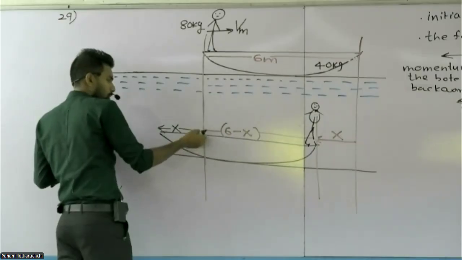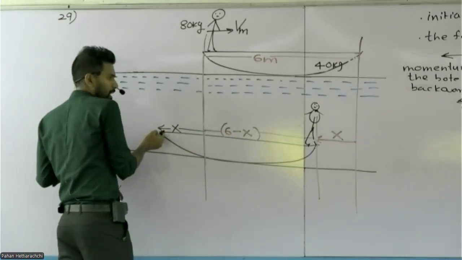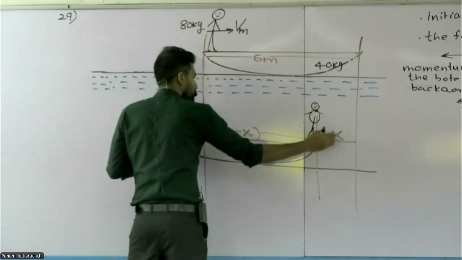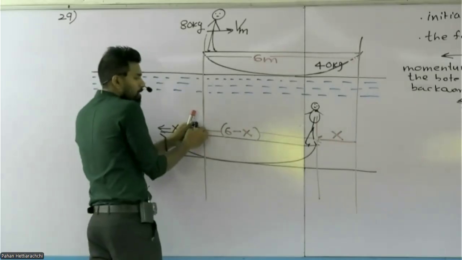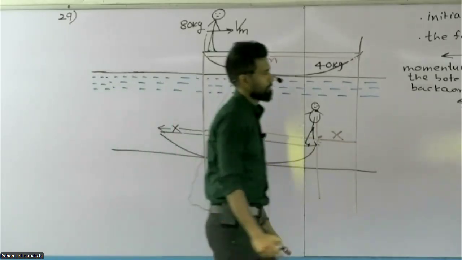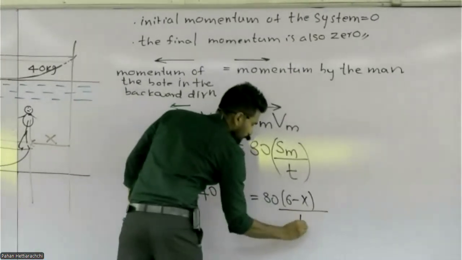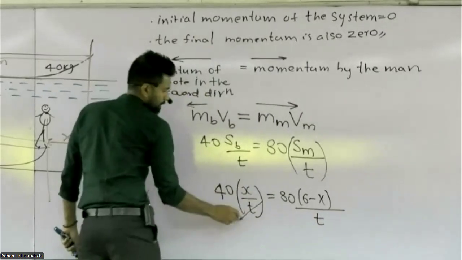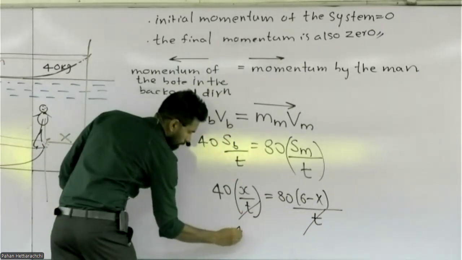So the distance you have to walk is 6 minus x. The velocity is 6 minus x over t. Time t will cancel out, the same time.